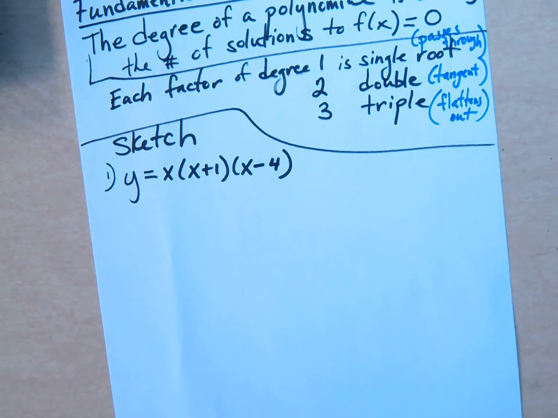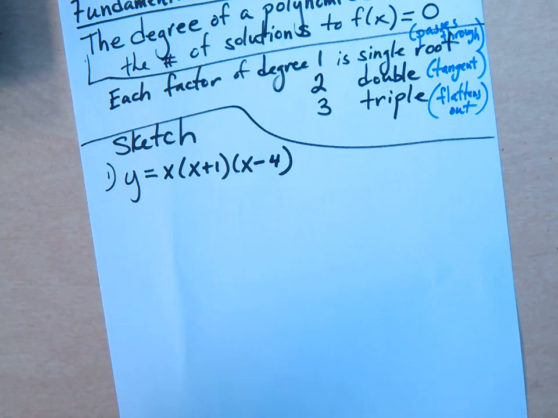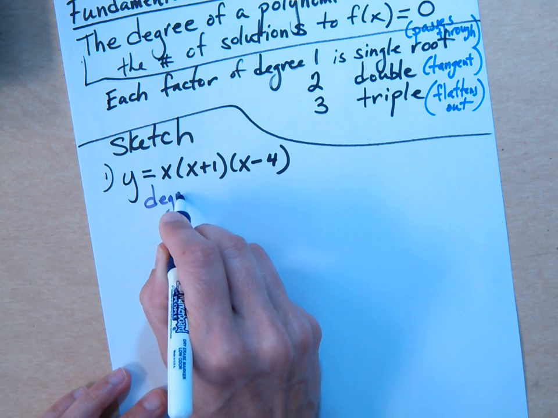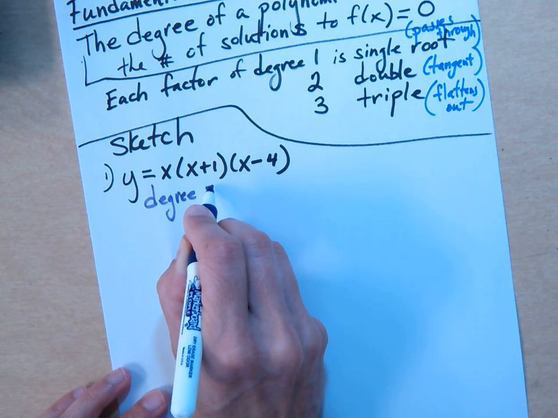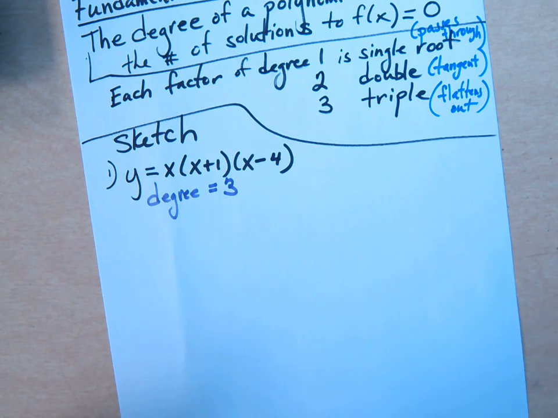So let's review. Let's talk about it for a second. What's the degree? Good. So I hear the degree is 3, right? Because if you multiplied it all out, the degree is 3. So how many solutions are there? 3. Okay, the fundamental theorem of algebra.